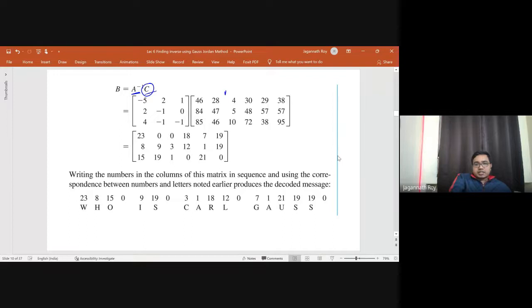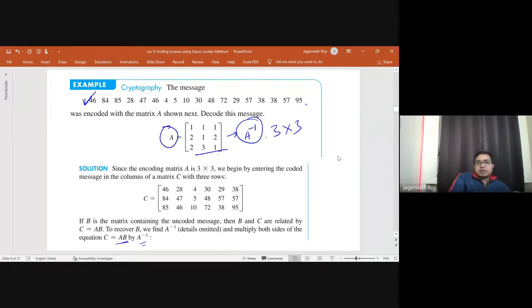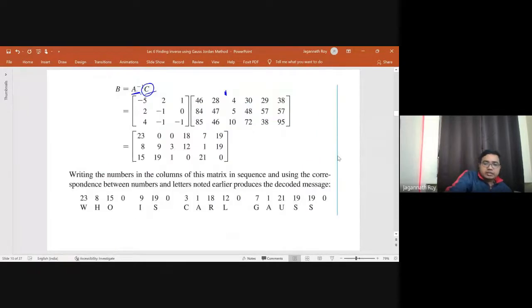C is this matrix, and A inverse is given. You tell your friend that whatever matrix I am giving, you just take the inverse and multiply with the message. And this message will be arranged in this way. Okay, in this way it will be arranged. So you have to get it.